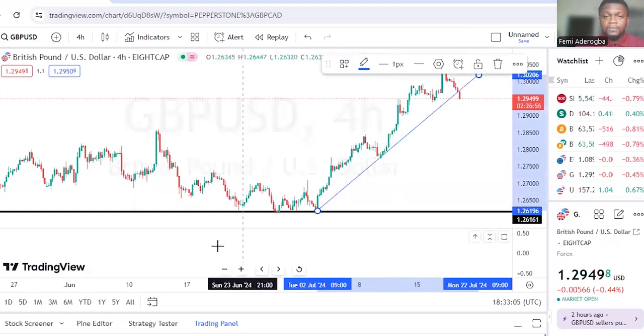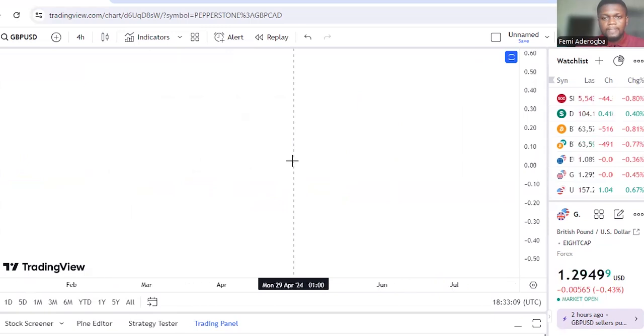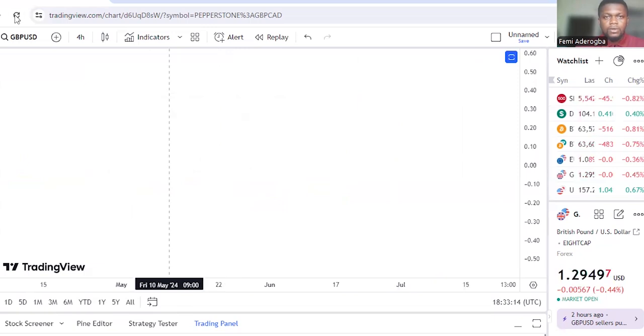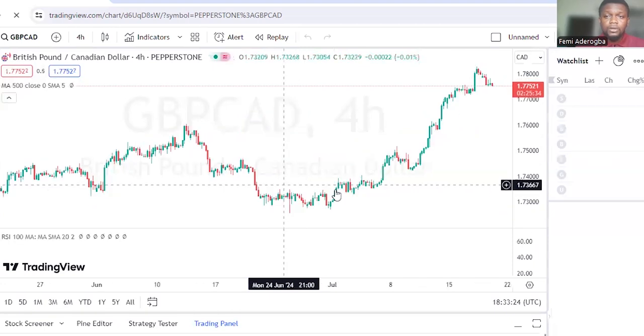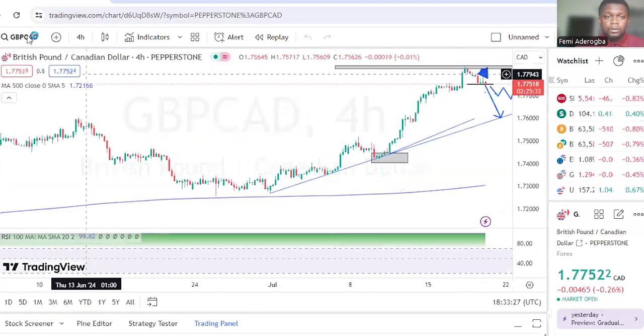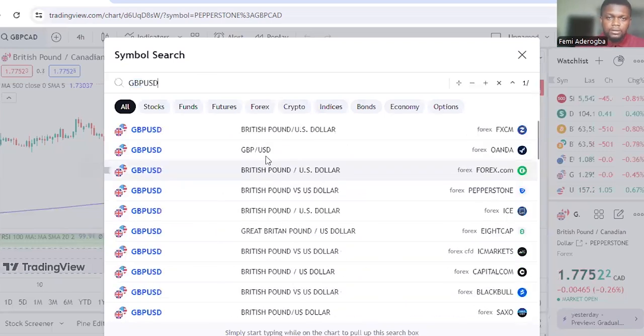You can see when we draw the trend line, what happened? GBPUSD. All right, we are using 8 cap.